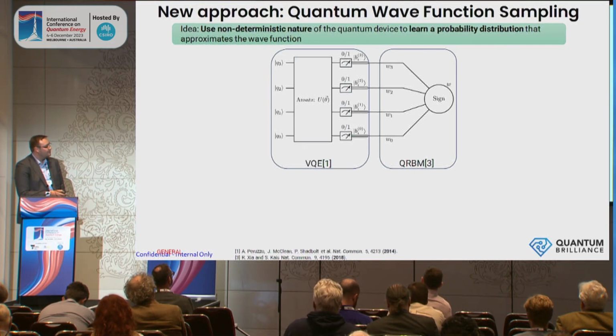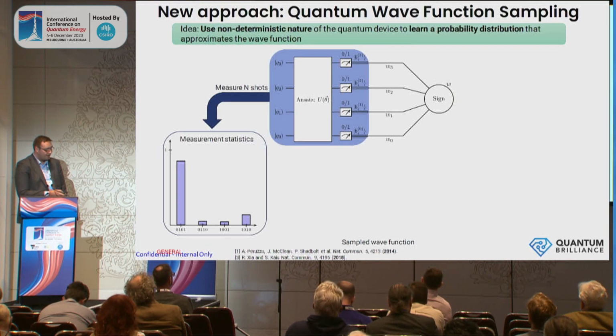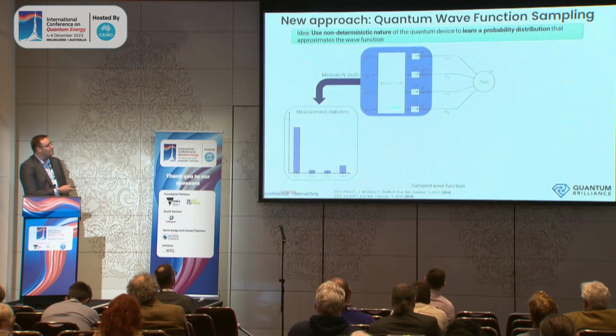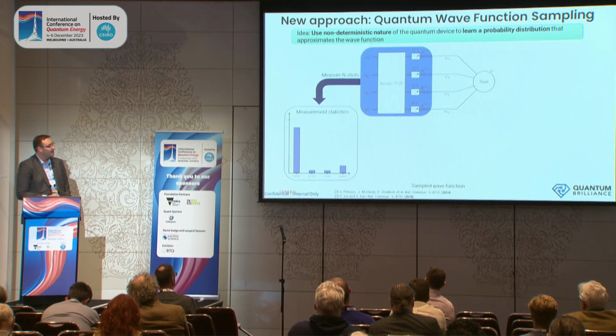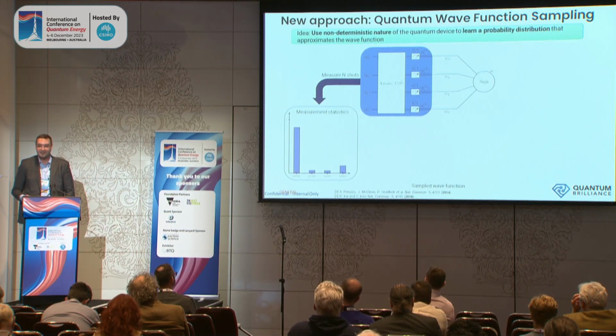So let's go through this in a little more detail. What would happen if you just take the left component and measure it? Well, you get your measurement statistics, right? And the problem with that is, of course, these will never actually represent an electronic wave function because the phase information is missing. There's no sign in probabilities.